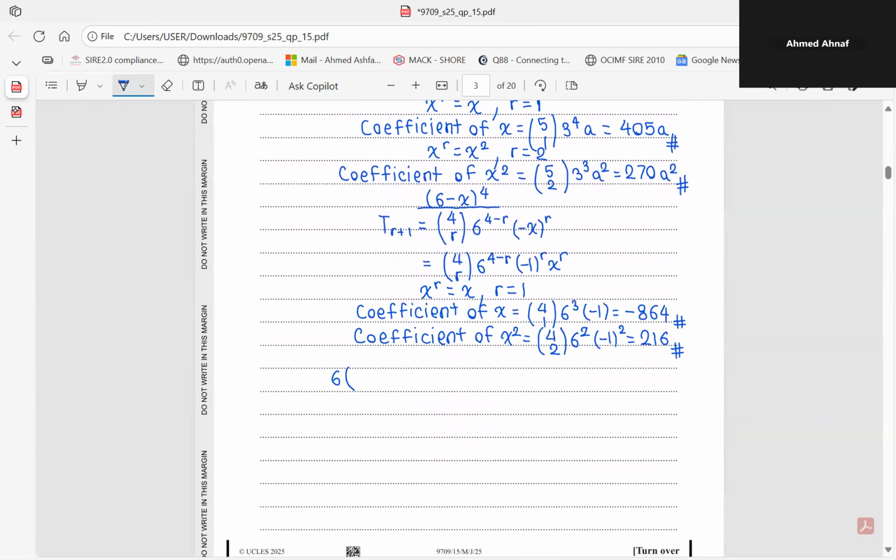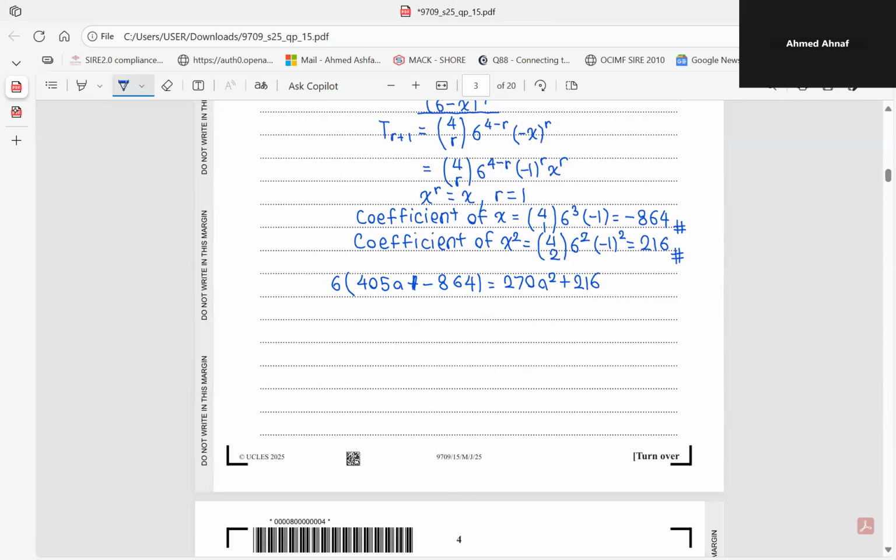So the coefficient of x is 405a plus negative 864, equals 270a squared plus 216.